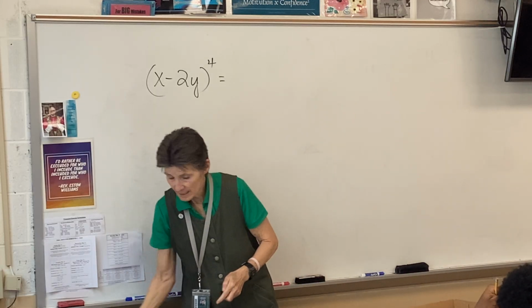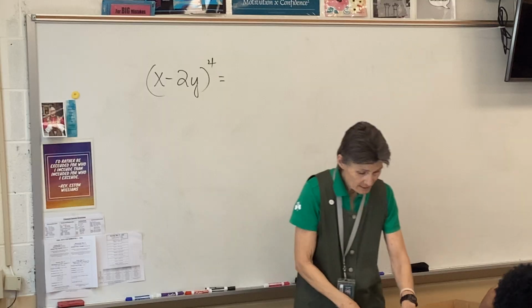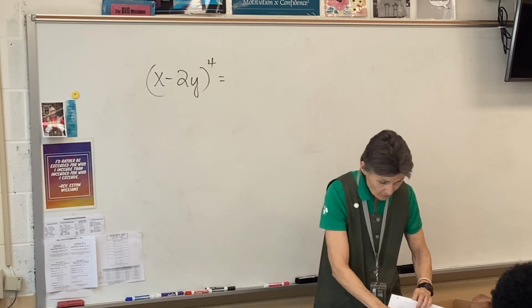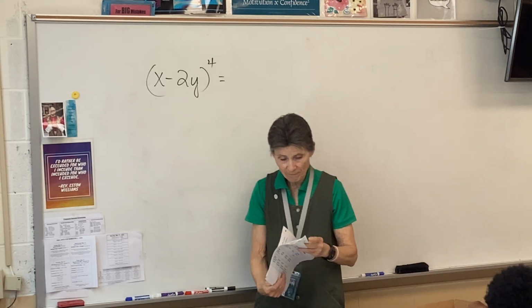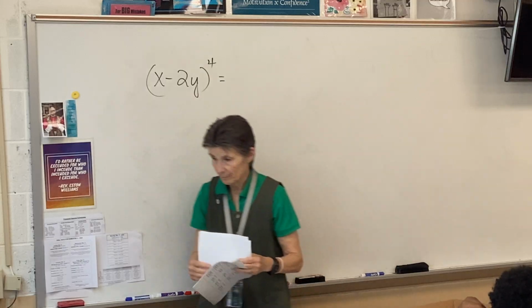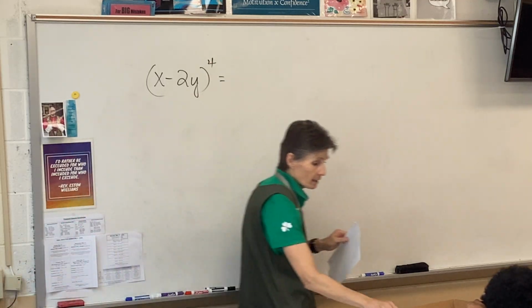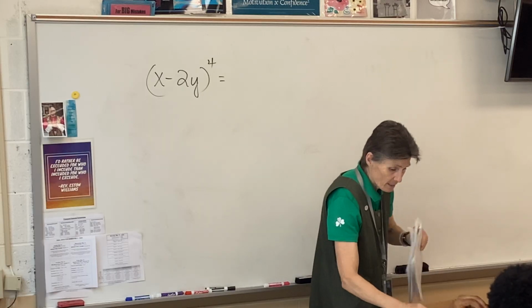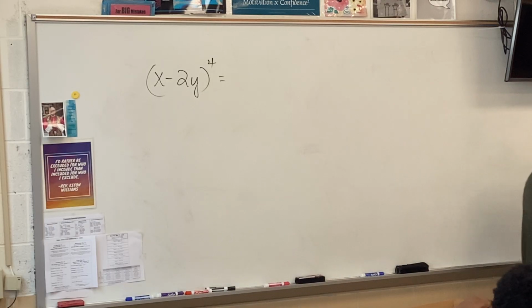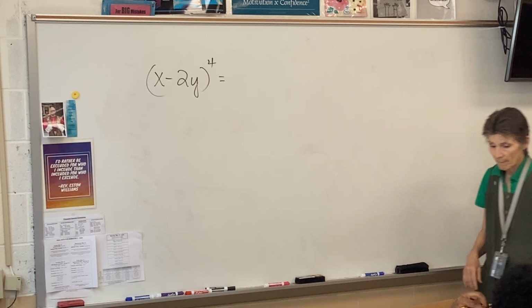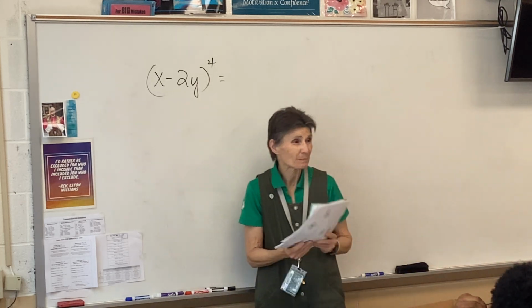The first thing that has to happen is you've got to figure out what your coefficients are, because every term is going to have a coefficient, a number. Anybody remember where the numbers come from?